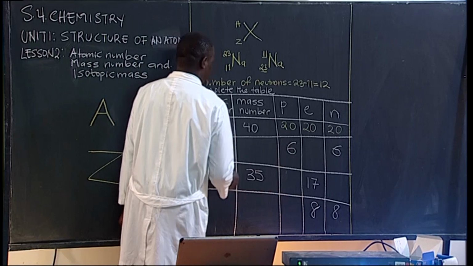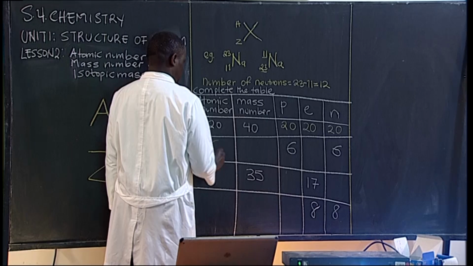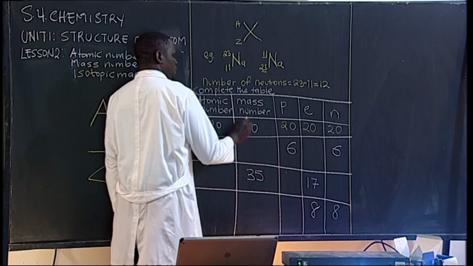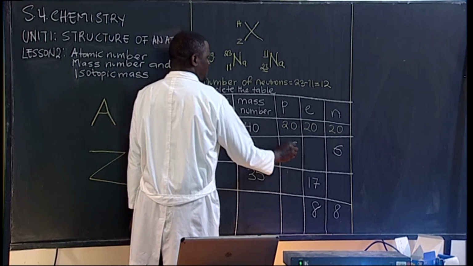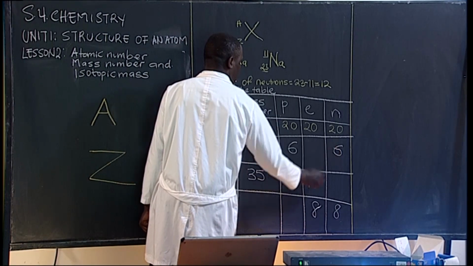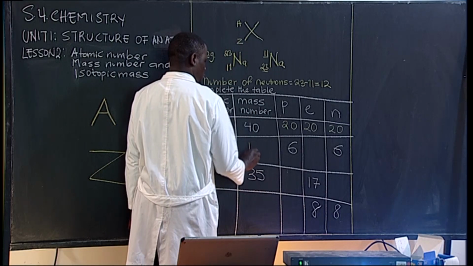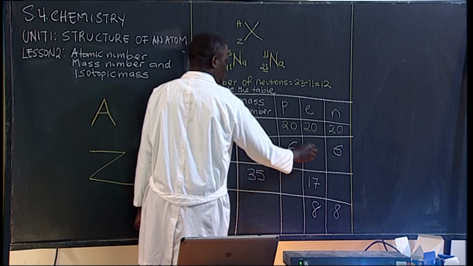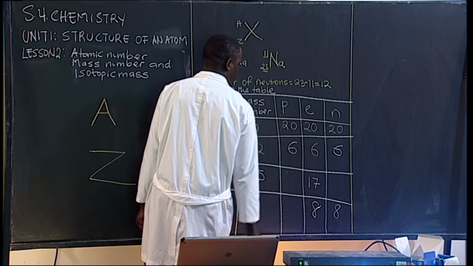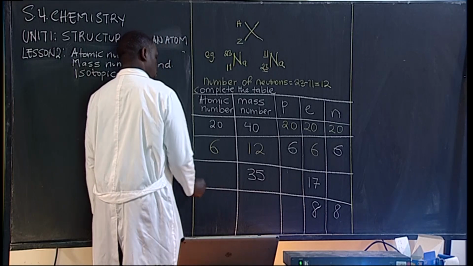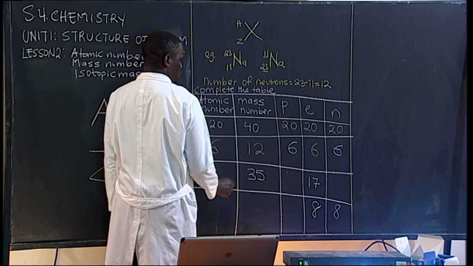Then again now, protons are 6, meaning atomic number will be 6. Then neutrons are 6. So if you want to get the mass number, we get 6 plus 6, so it will be 12. Then the number of electrons is equal to the number of protons, which will also be 6. Then here, let's do this one as our last one.